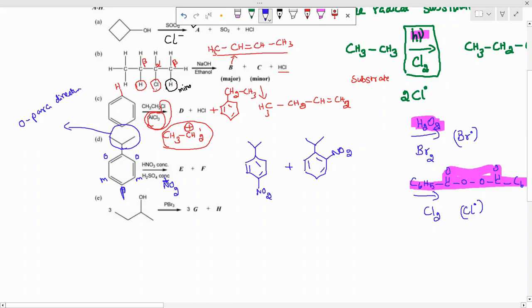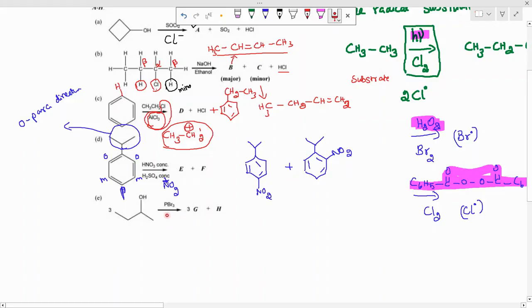That's why it allows the electrophile to substitute at the para position as the major product. In the ortho position there will be steric hindrance, right? That's why we get somewhat less product compared to the para product. A meta substituent will not be there, and even if it is formed, the amount will be very, very small.